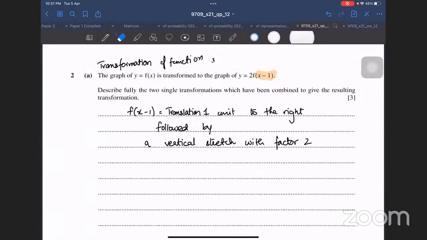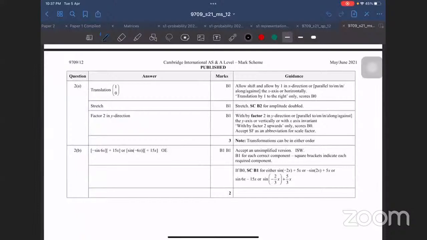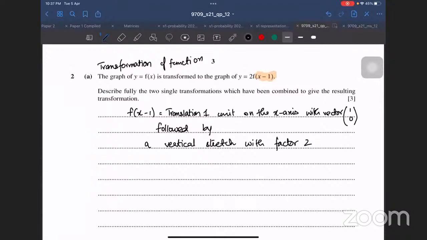It's translation 1 unit on the x-axis to the right with vector 1, 0. This is the first time that I've seen that in the marking scheme, where it says this will get a 0. Okay, then stretch with factor 2, or you could write vertically or y-axis, whatever the case may be.